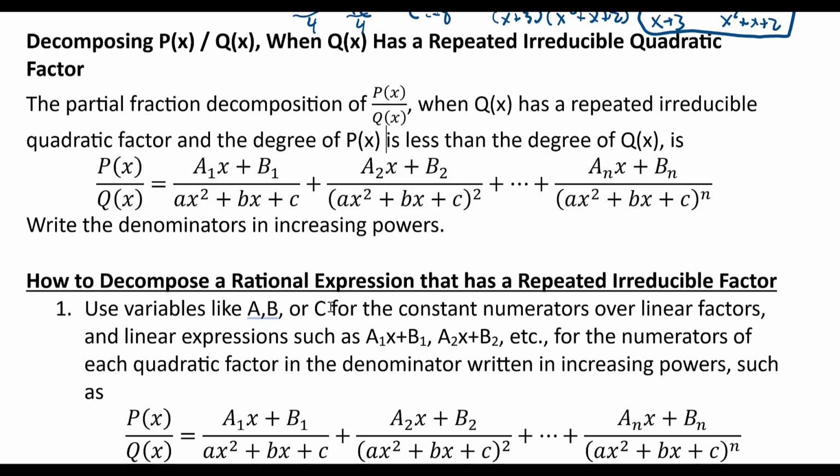So when that irreducible quadratic factor occurs n times, you do it out this many times. The key I want to point out is that the numerator is going to be just linear every time, because this is a repeated quadratic factor down below. Like if it was x squared plus 3, x squared plus 3, x squared plus 3, we would always keep this as linear up on top, but then we just change the power each time.